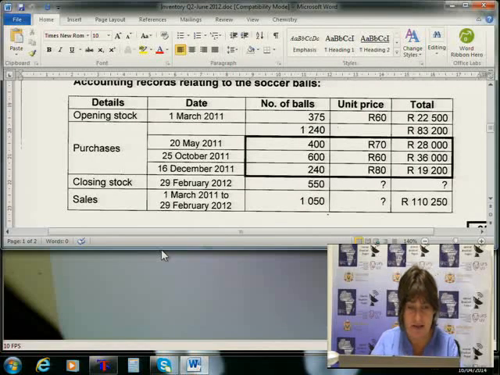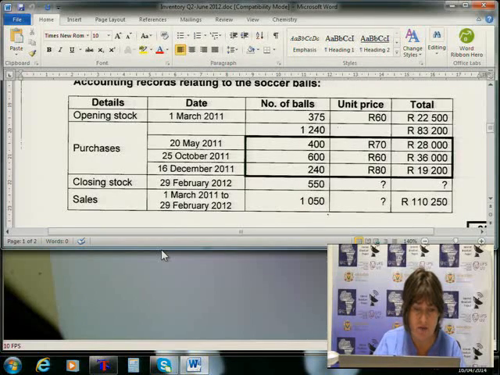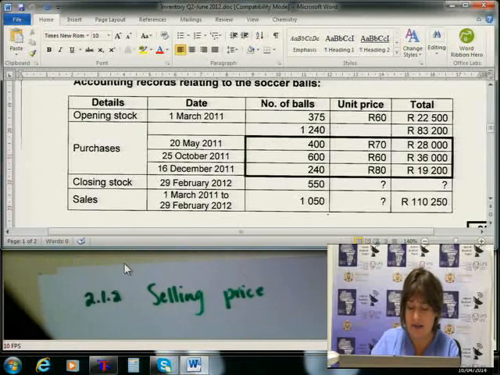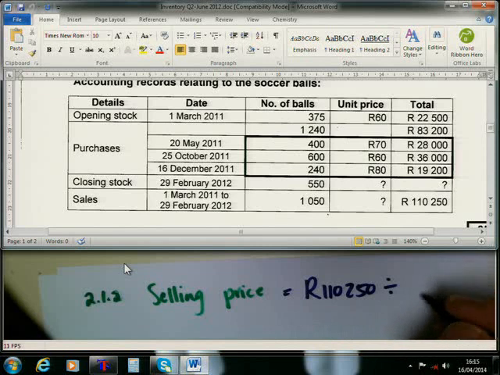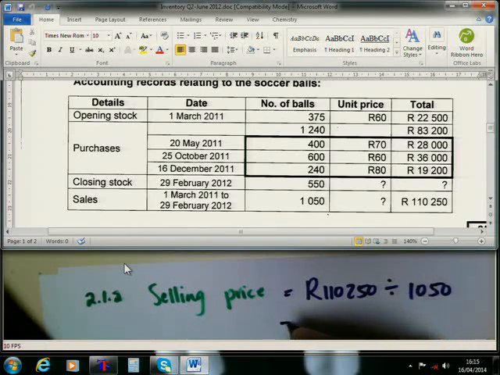Can you see how easy this is? They show you the sales from the 1st of March 2011 until the 29th of February 2012. The total sales was 110,250, and we sold 1050 soccer balls.